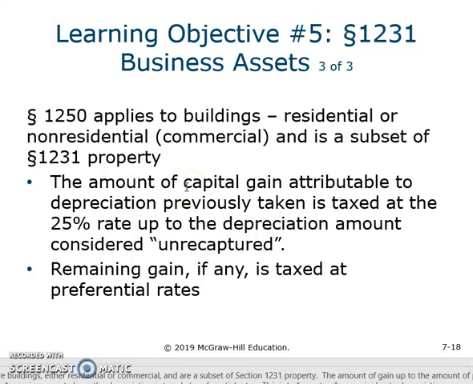Section 1250 recapture will apply to buildings, residential or non-residential, meaning commercial, and is a subset of 1231 property. The amount of the capital gain attributable to depreciation previously taken is going to be taxed at the 25% rate, up to the depreciation amount considered unrecaptured. Remaining gain, if any, is going to be taxed at preferential tax rates.